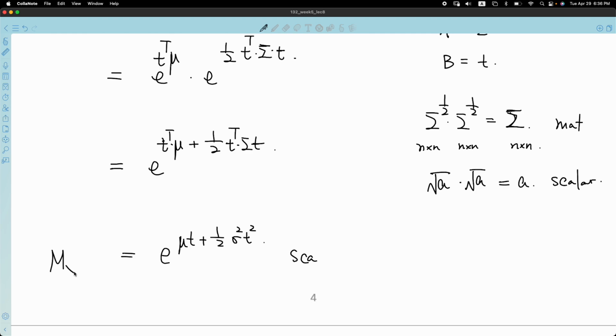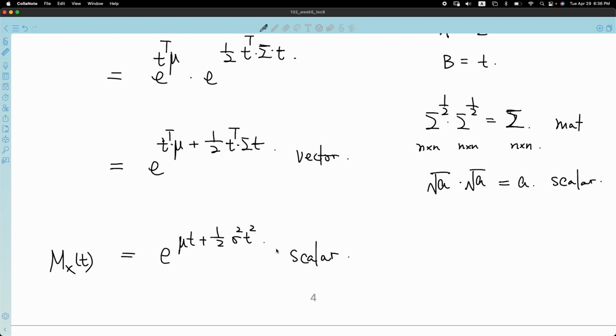Let me just use x then. X of t. This is the scalar version. This is the vector version. You can see that it's very similar, except that we are just using transpose or matrix operation. So mu t, and then in vector, t transpose mu transpose.